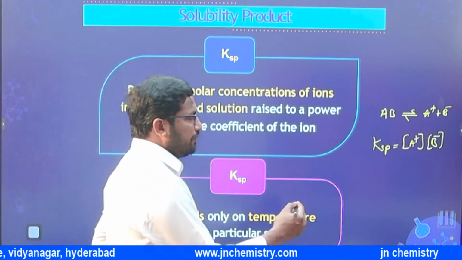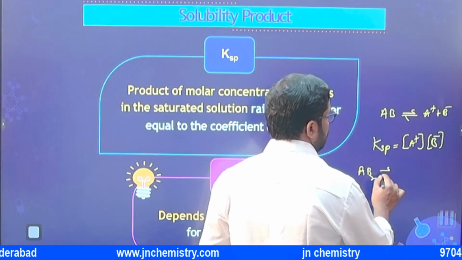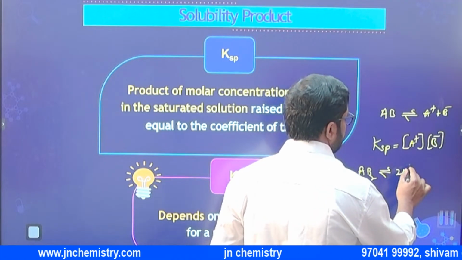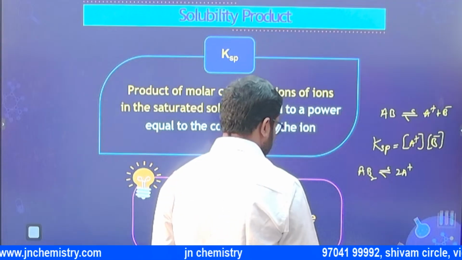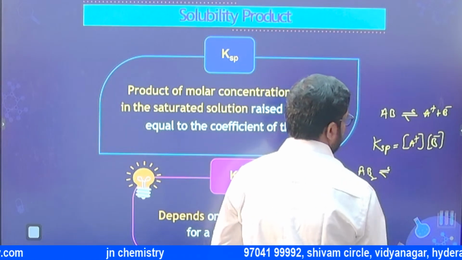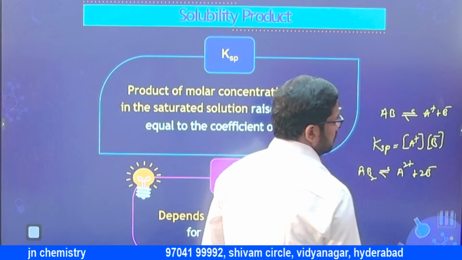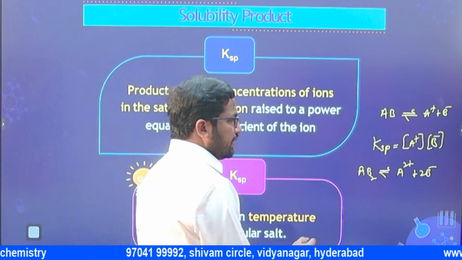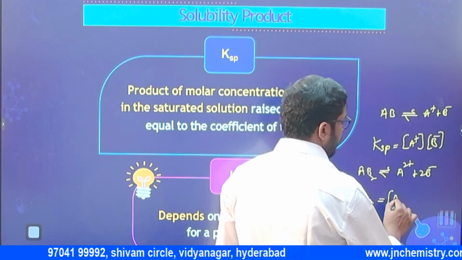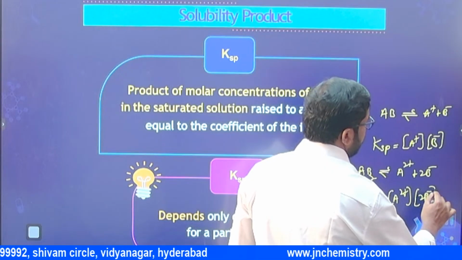For example, AB2 means A2 plus and 2B minus. How can we write Ksp now? A2 plus concentration times B minus concentration squared.